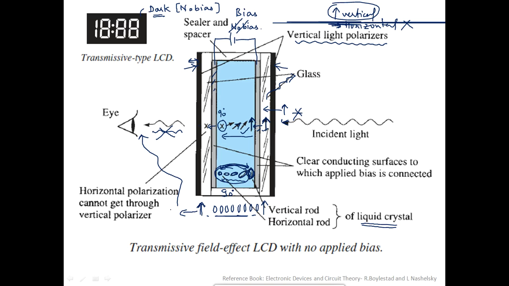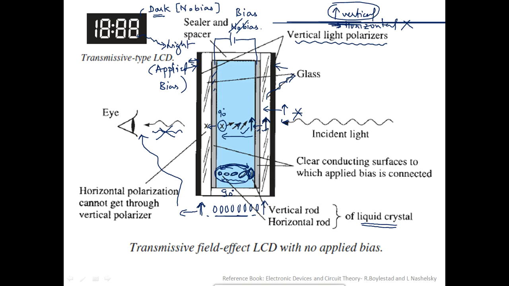Light just passes, crosses over and falls on the human eye. Due to this, wherever the light falls, that particular portion of the display appears to be illuminated. So this is during applied bias. I hope this concept is clear to you, students.